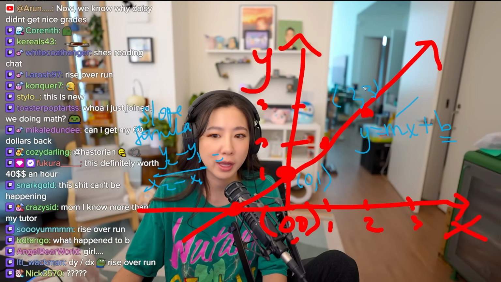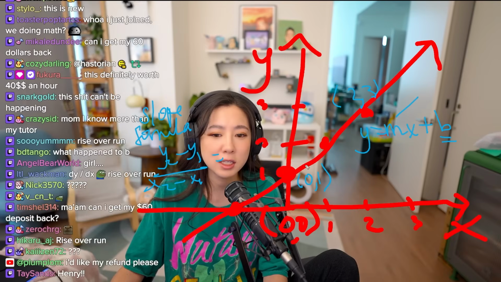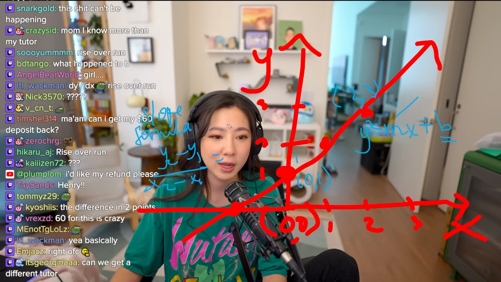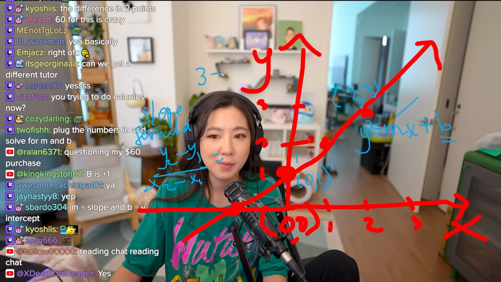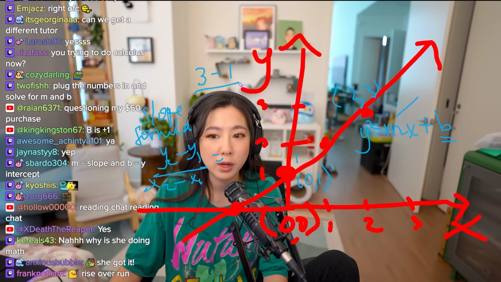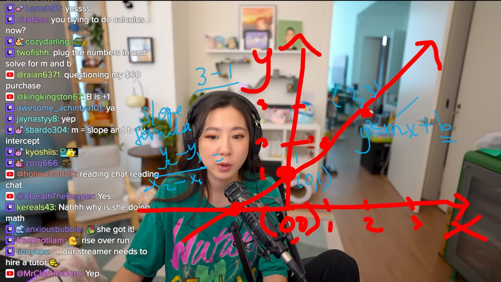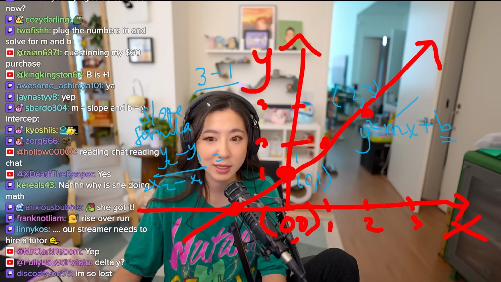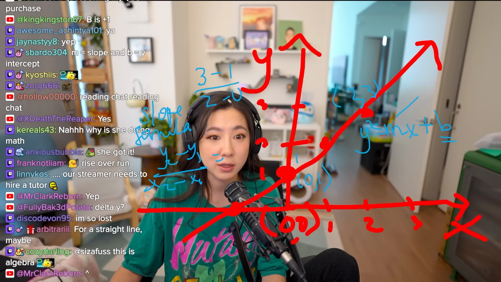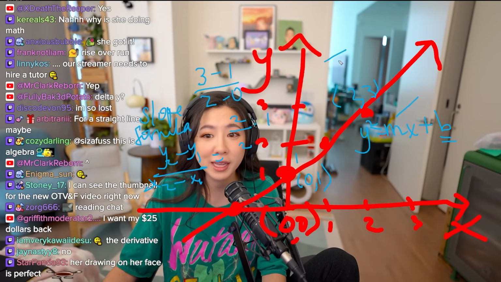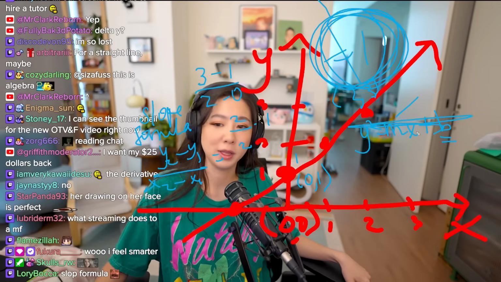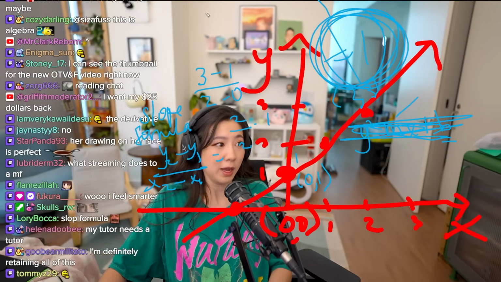Say this is point 1 and point 2. So then you'd have 3 minus 1 over, and then this is 1, and this is 2, so 2 minus 0. So it's 2 over 2 equals 1. The slope is 1. Screw this formula, you don't need it. Just do the rest.